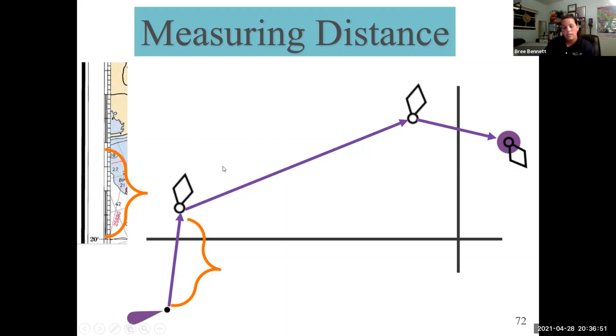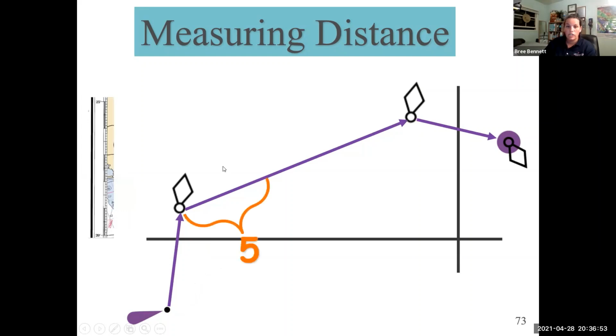If you have triangles that don't reach, or you have a long line across the chart, it's going to be what we call walking the line. So you first measure a certain distance, maybe 5 nautical miles. I think these typically go to 7 as the max distance.